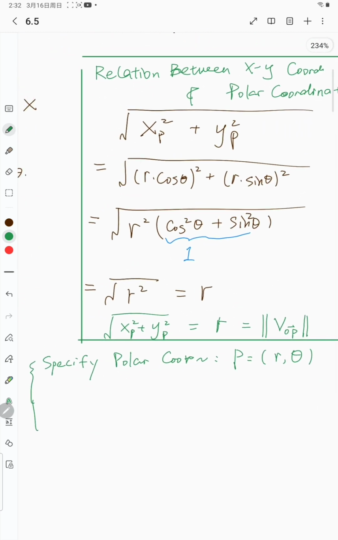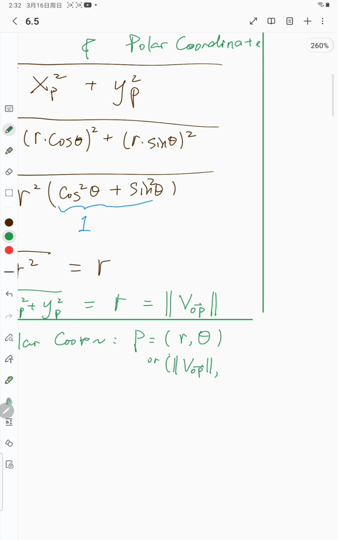So you can write a point using polar coordinates as just (r, theta). r is the length, the same as the norm of the vector emanating from the origin to P. Norm is just an operator that measures the length. OP is just a subscript, it's just a notation. So just relax, and then this is theta, right?